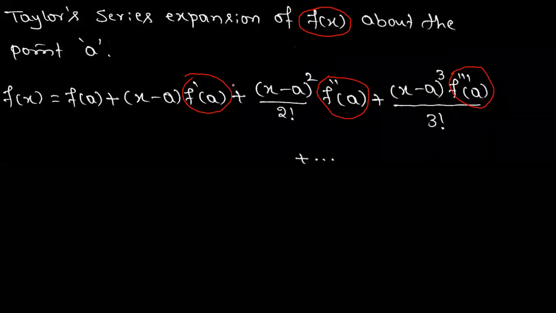Then we have to replace x by a in the derivatives, and substitute in these places. Also, we have to put the value of a in x minus a whole square, and x minus a whole cube. Here also we need to put the value of a, which will be given again in the question.